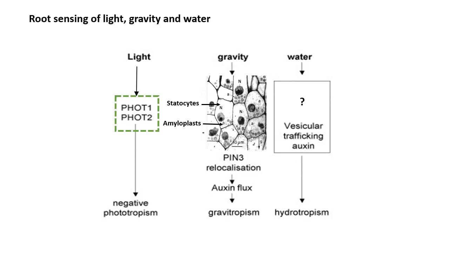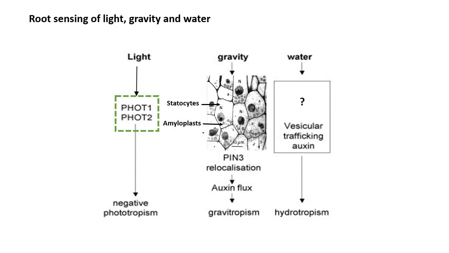The statocytes alter the localization of components of the auxin transport machinery, that is PIN proteins, to the lower plasma membrane domain of the gravity-stimulated columella root cap cells. This causes auxin to relocate to the bottom side of the root tip, acting as a trigger for the positive gravitropic growth of the root.